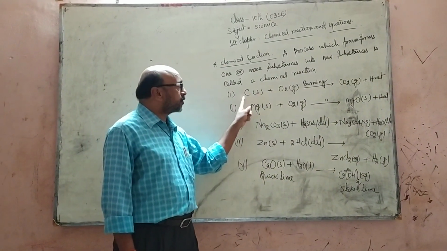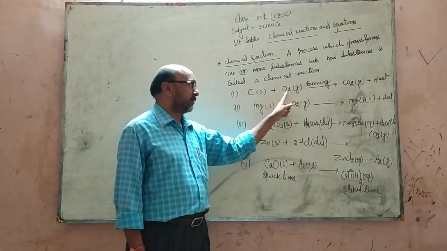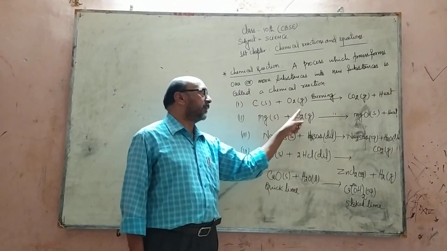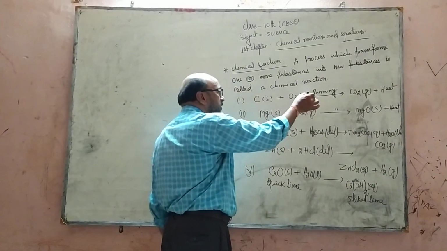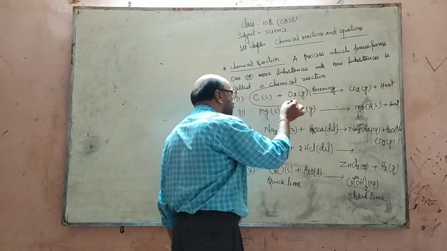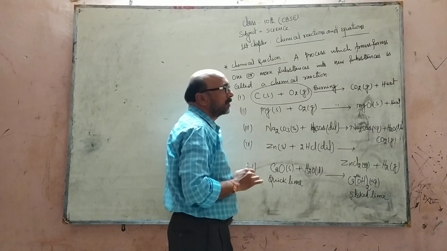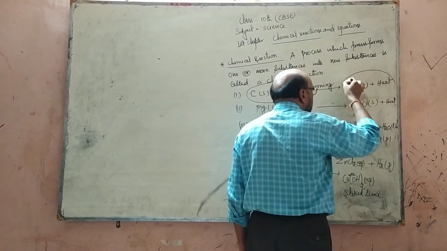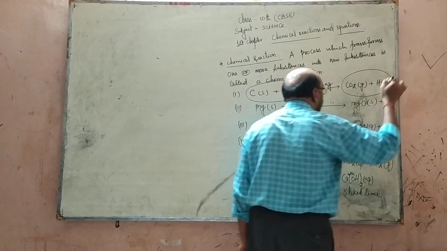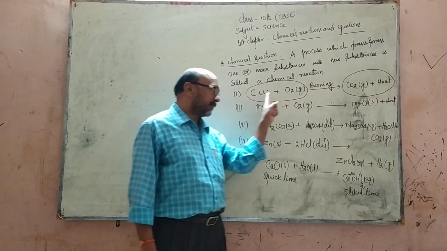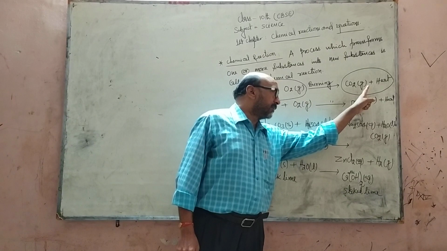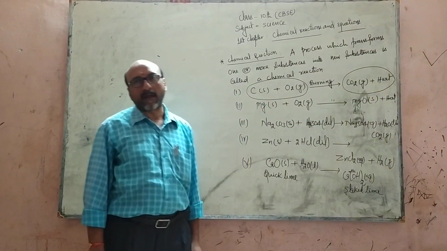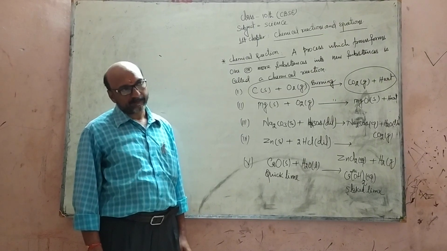The substances which we have taken for the chemical reaction are written in the left hand side, and these substances are called reactants. And the substance which is formed after the chemical reaction between the substances taken is called product, which is usually written in the right hand side of the reaction.